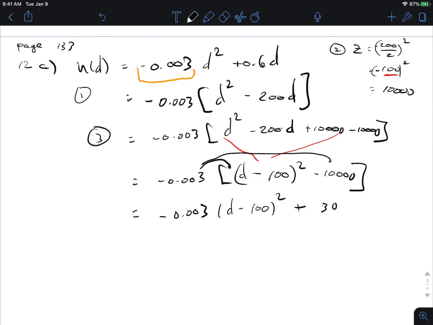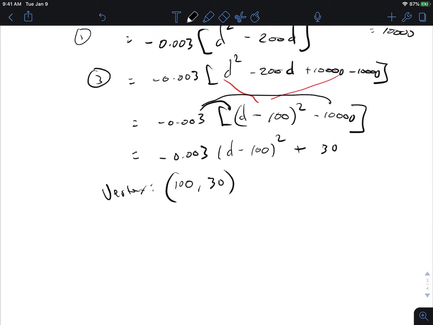Okay, so then I write the vertex. The vertex is 130, right? And then I say, okay, well, what does that mean in terms of the question, right? What is the maximum height of the golf ball? Okay, so it means it reached, if it's in meters, is it in meters?